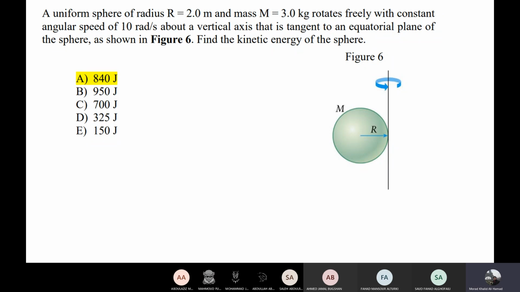Here we will start another type of question. It has some concept, but during the solving of this question, we will go through this concept.